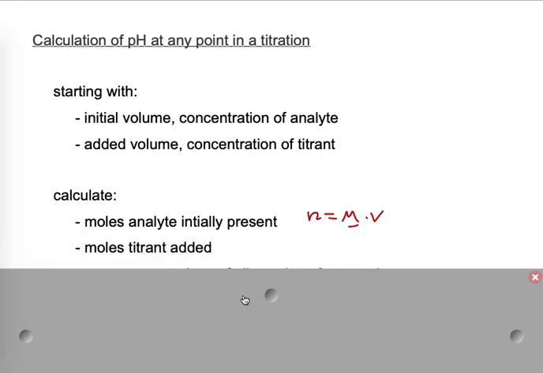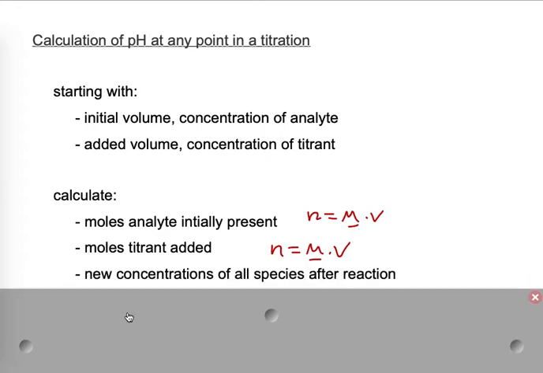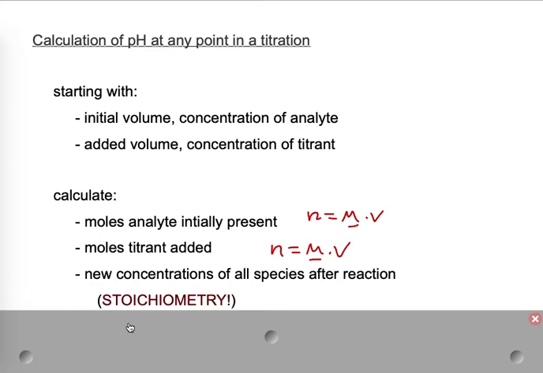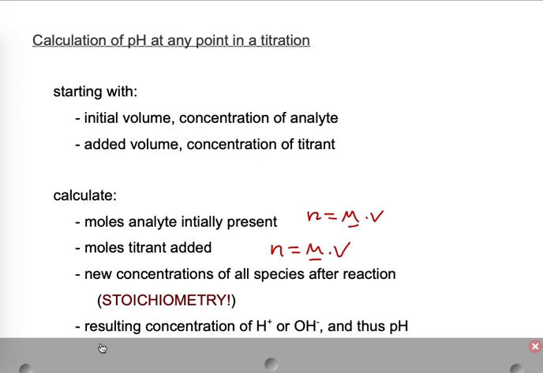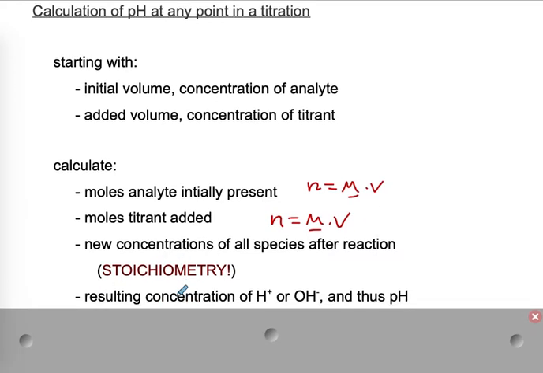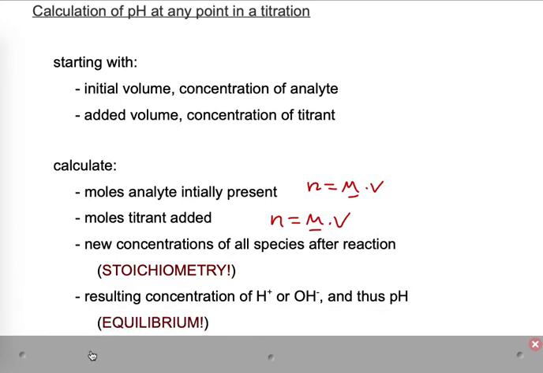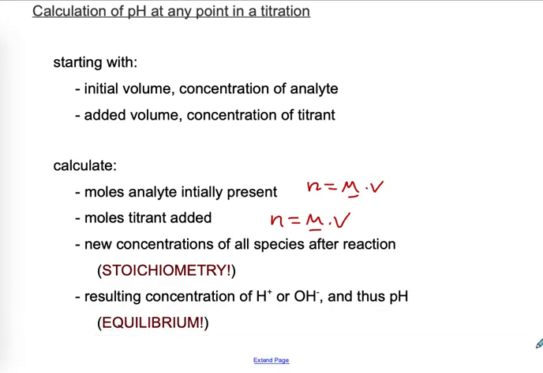The moles of titrant added at that particular point, also using moles equals molarity times volume. We will then calculate the new concentrations of all species that are formed after the reaction is complete, using stoichiometry. And then we will calculate the resulting concentration of hydrogen ion or hydroxide, and therefore the pH, using equilibrium. So in these problems, calculating the pH at any point in a titration, it is a two-step process. First, you perform a stoichiometry calculation, then you perform an equilibrium calculation.